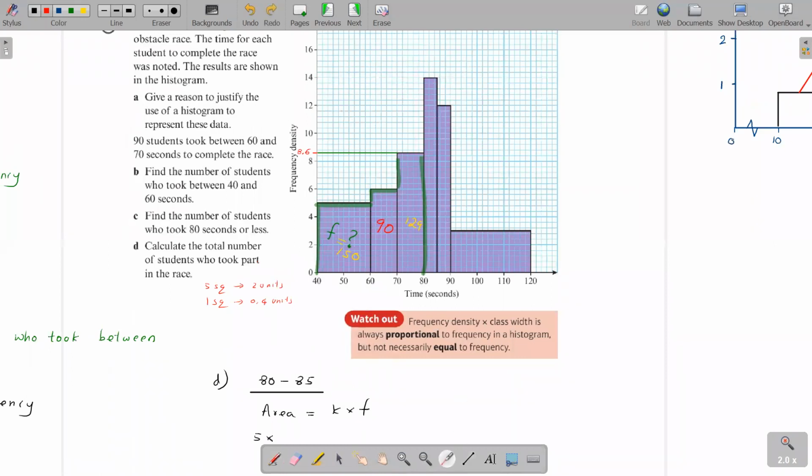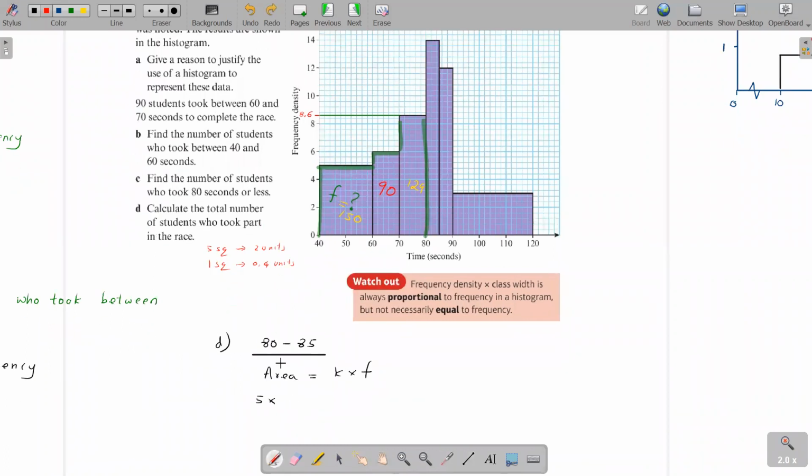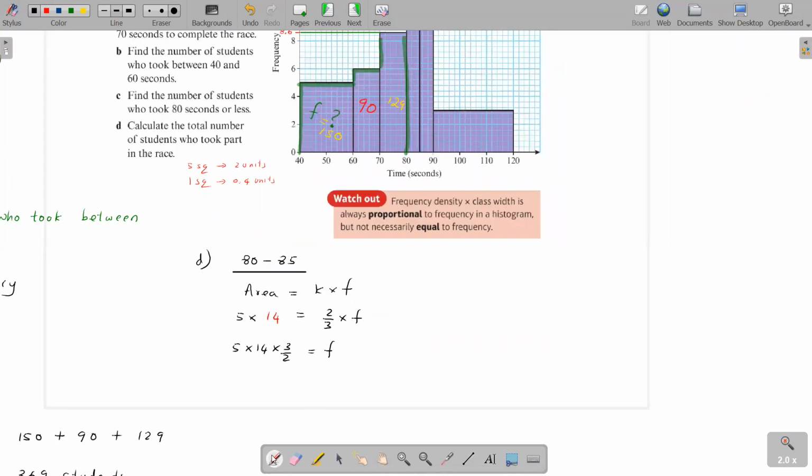So 5 into 14 equals K, which is 2 over 3, into frequency. So 5 into 14 into 3 over 2 equals frequency. How many students are there in this particular bar? 105. So you can name here and write 105.